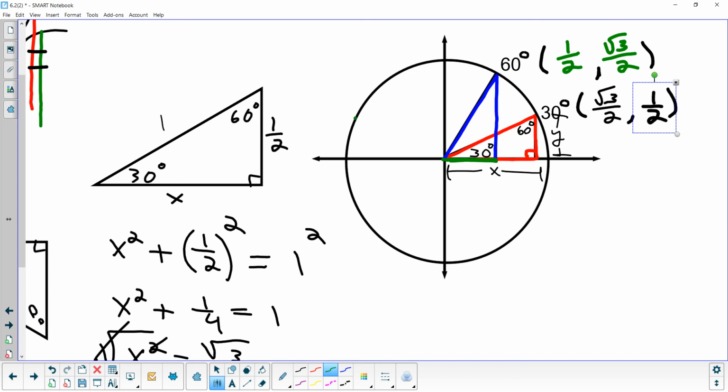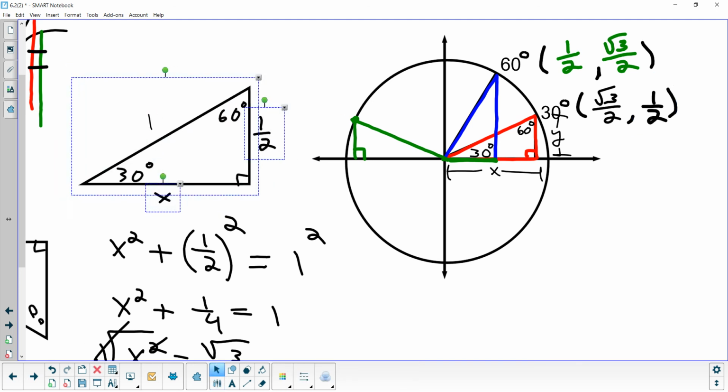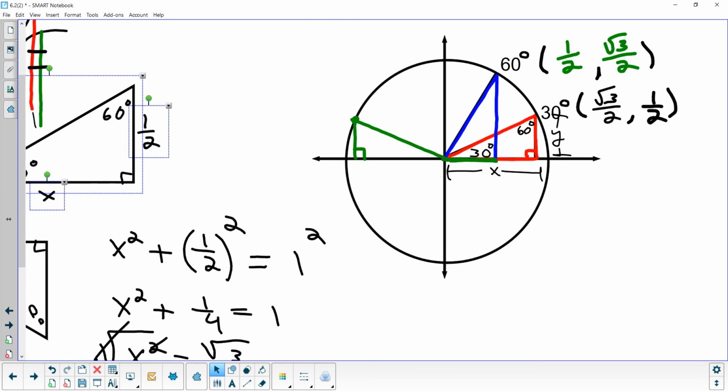So let's say I had this triangle right here. That's a mirror image of the red one. Anyone have a guess what angle that would be? Jeff? 150.